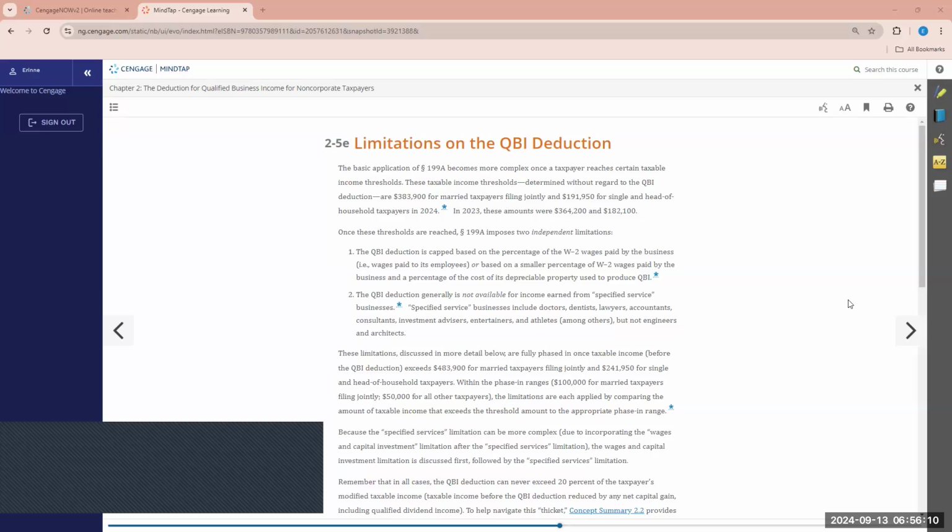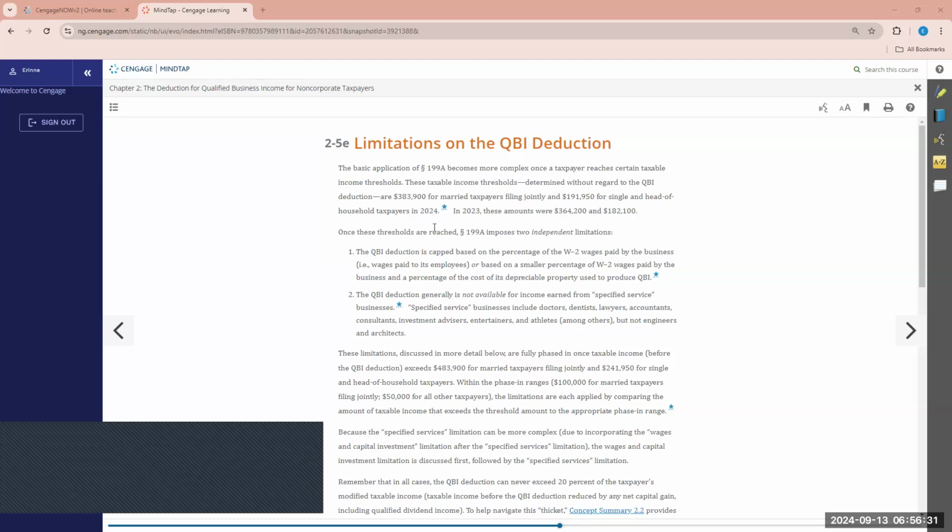These taxable income thresholds are determined without regard to the QBI deduction. For a married filing joint taxpayer, it's $383,900, and for single or head of household, it's $191,950. So it's something to keep in mind.